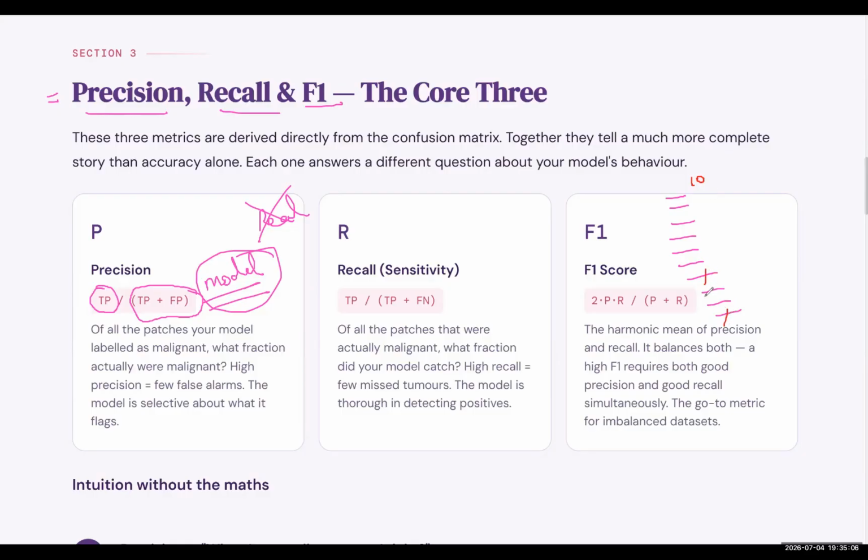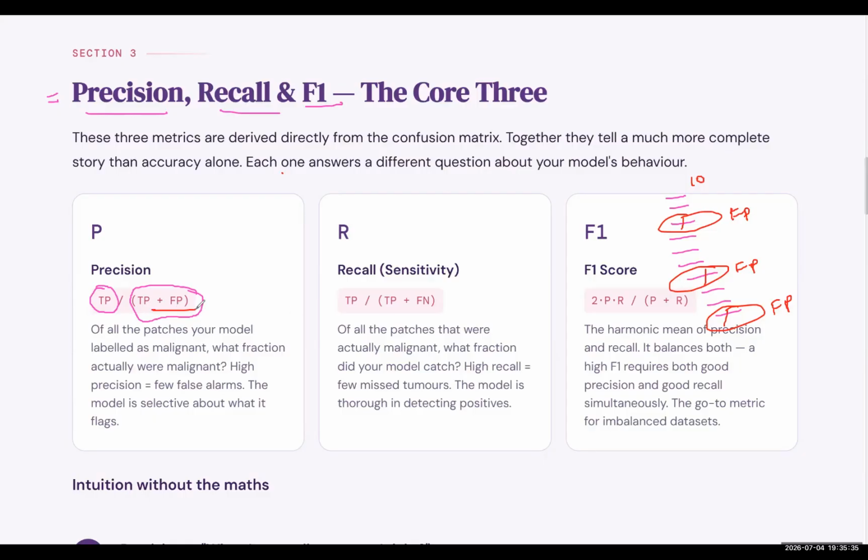Out of that it has made some mistakes. Suppose 3 of these are actually not positive, but misclassified as positives. So these 3 are false positives, because your model has made a mistake and placed them into the positive labels.